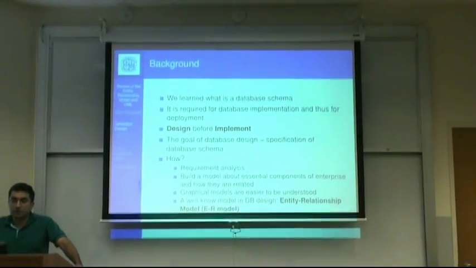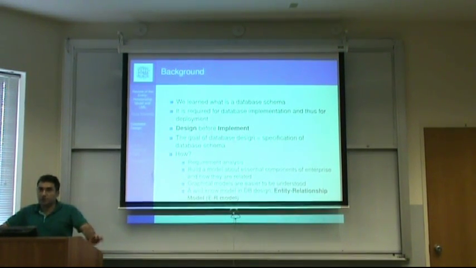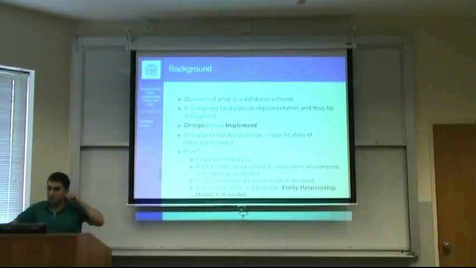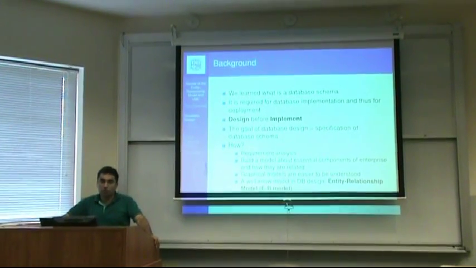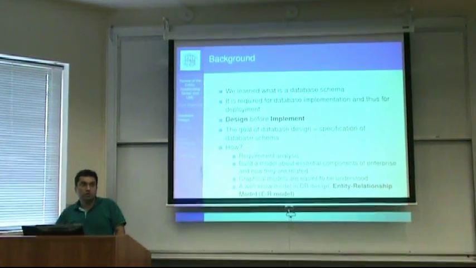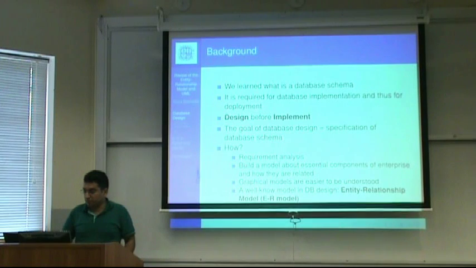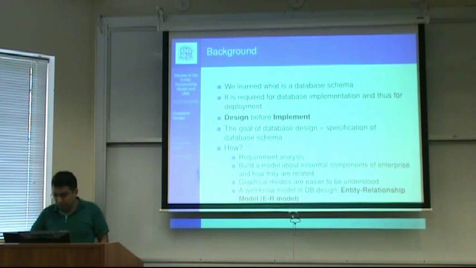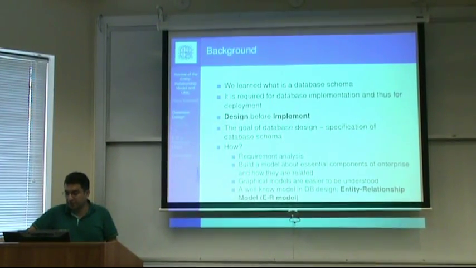We had an overview of the jobs of the DBMS, the physical level, the conceptual level, and also we considered the external level, and we saw a few examples. Today we will start with the database schema and designing the database.